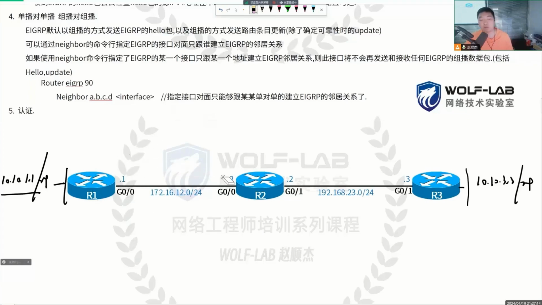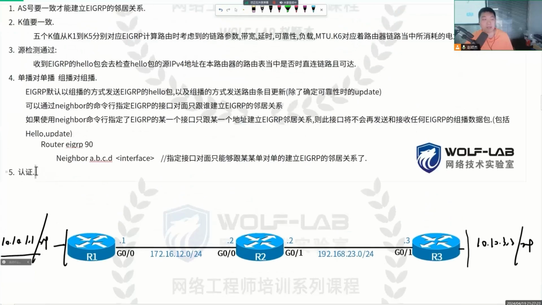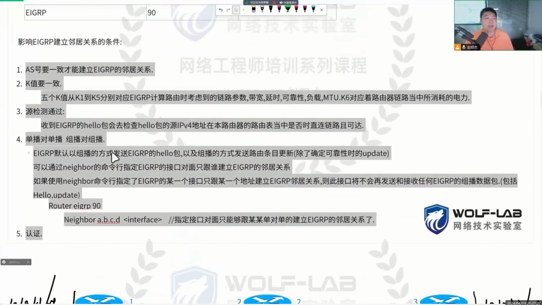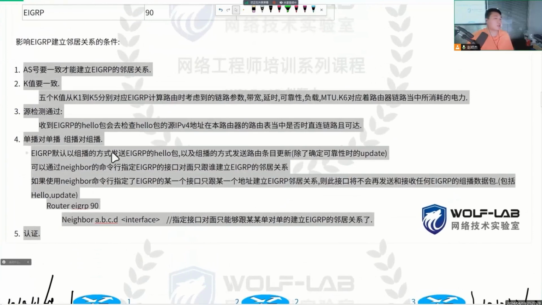Okay, students. So this is our EIGRP authentication. It is also one of the requirements in our EIGRP neighbor environment. There are a total of 5 conditions: consistent AS number, consistent K value configuration, passive interface detection, IP address in the same subnet, unicast to unicast, multicast to multicast, and also authentication.